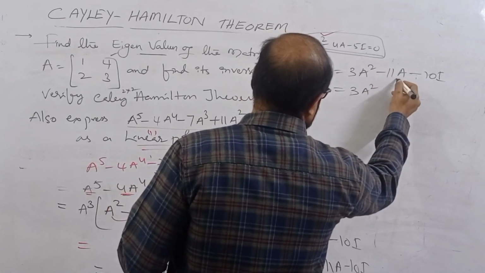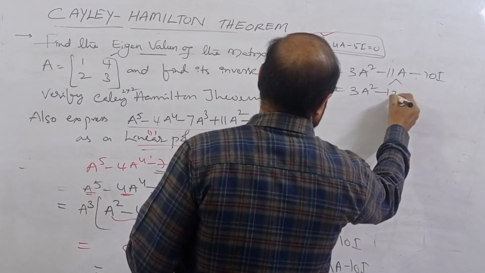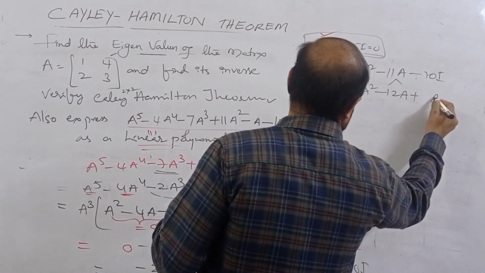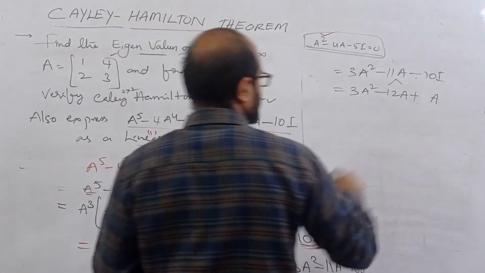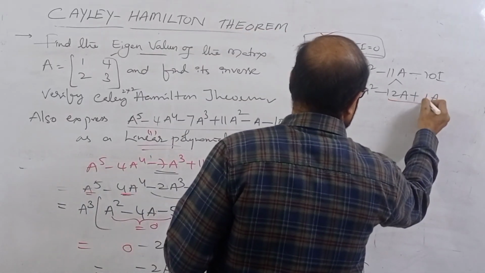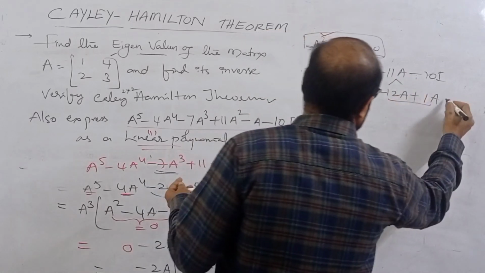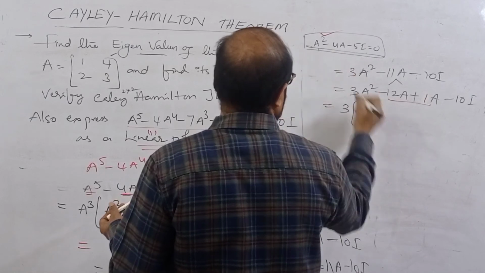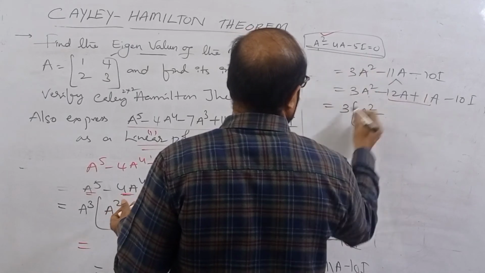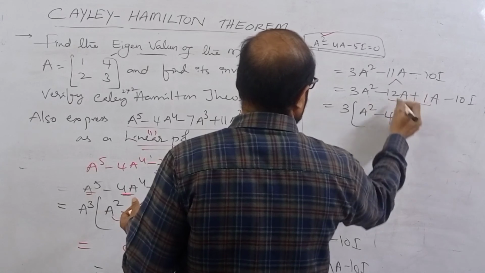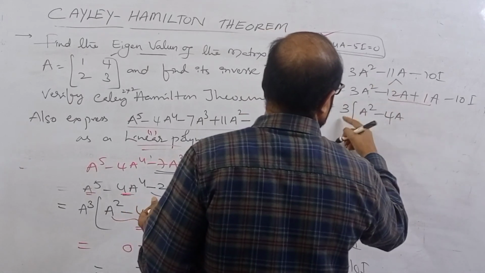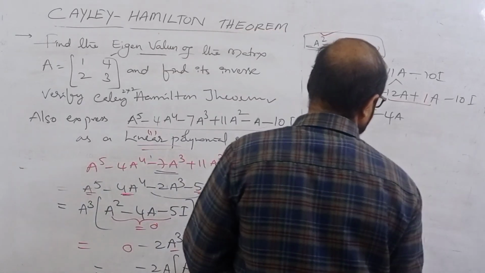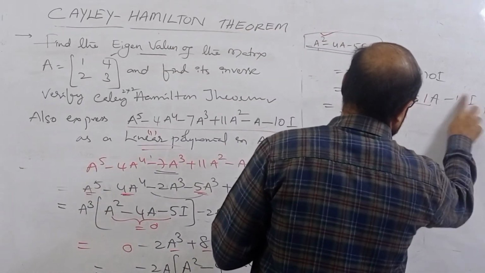So minus 11A, I can write as minus 12A plus A. Because minus 12A plus A is nothing but minus 11A. Minus 10I. Now I can take 3 common from this, then A square minus 4A, 3 4s are 12A, and I want 5I now. 5I is not there, but minus 10I is there.